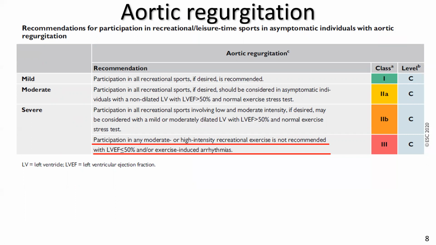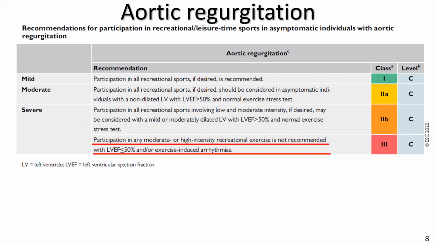Now, when the left ventricle is dilated severely, in other words, extensively, then the left ventricular ejection fraction will start dropping because the heart is now stretched and engorged with blood during diastole, and it is not capable of pumping more than 50% of that out during systole. So left ventricular ejection fraction can drop below 50%.